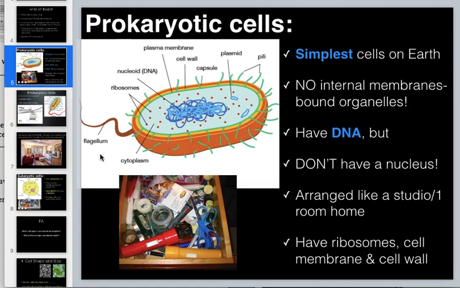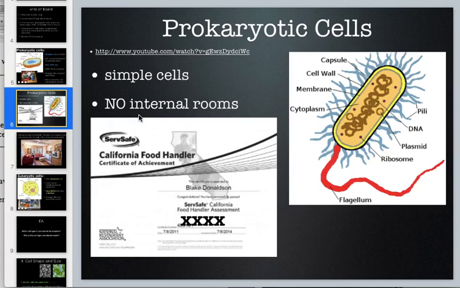Okay, so prokaryotic cells, this is another picture of one. For those of you that have taken a foods class here at South Central, this is what you can earn while you are here. It's called a ServSafe certificate. If you go into any fast food restaurant, I know Taco Bell does, they have all of the ServSafe certificates hanging on the wall.